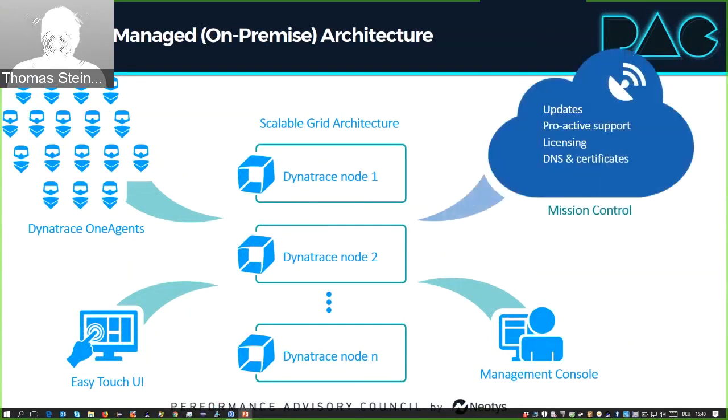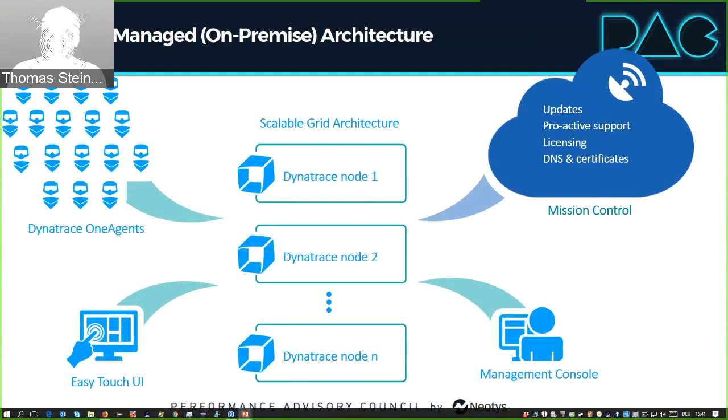What we additionally have to, as the name says, manage. More or less, we manage those clusters remotely at the customer if they allow us to do so. So we have something built which is called Mission Control, where we schedule cluster updates remotely in an automated way, without any user interaction.